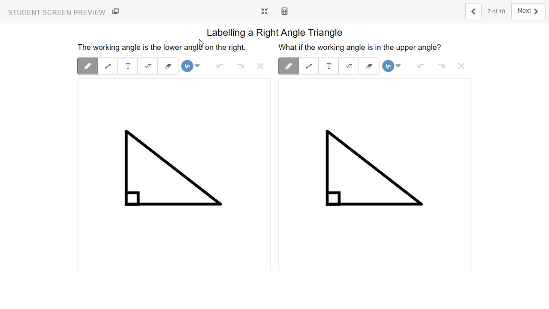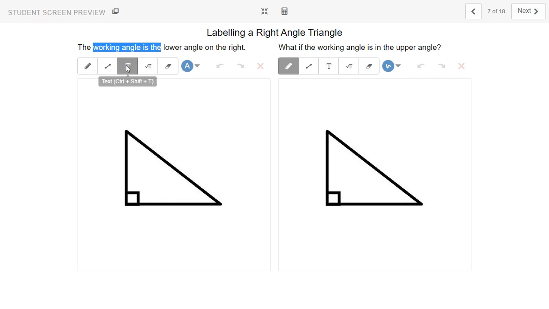Now let's talk about labeling a right angle triangle when we're talking about trigonometry. We already said that if I have two sides and I want to find the third using Pythagorean, I can say that A and B are the two sides that are touching the 90 degrees. Now we're going to be a little bit more specific when we're talking about labeling a right angle triangle for trigonometry, because we have something called the working angle.